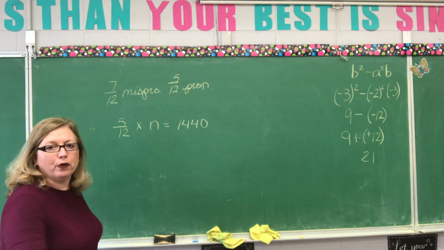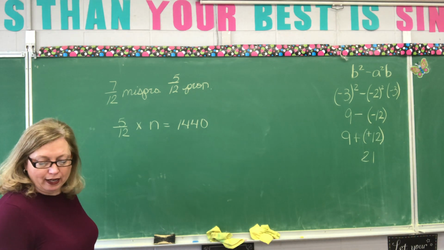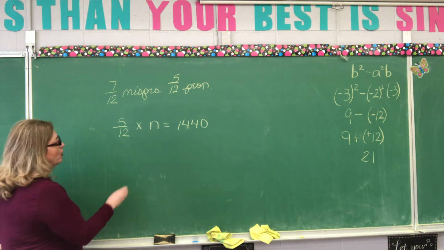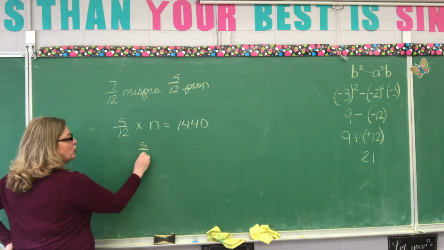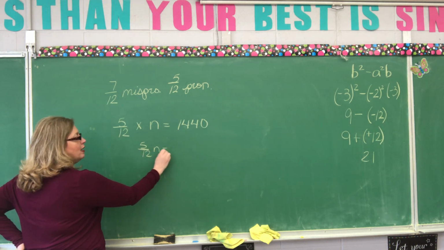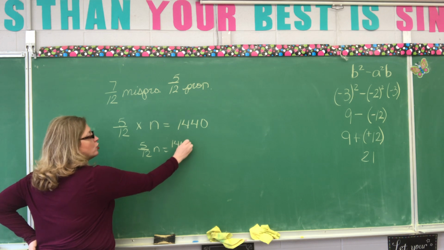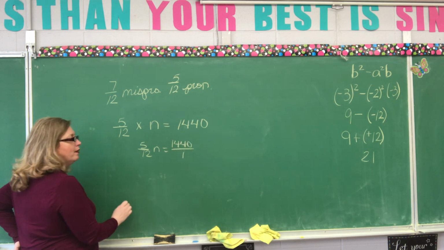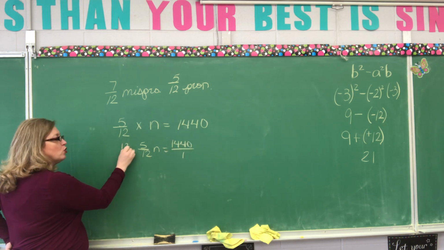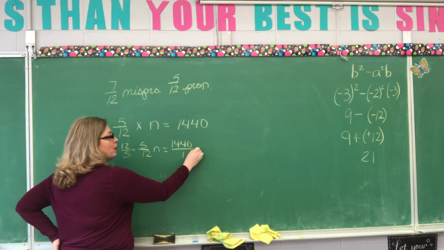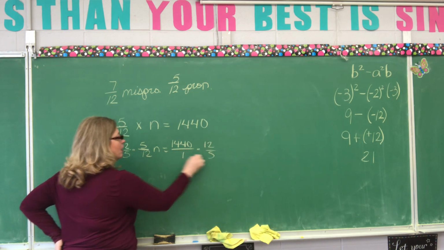Now, what are we going to do? We're going to make this into an equation, okay? Let's go ahead and make it a little more what we're used to. 5/12 n equals 1,440 over 1. We're going to use a reciprocal of 12 over 5. We're going to multiply this by 12 over 5.